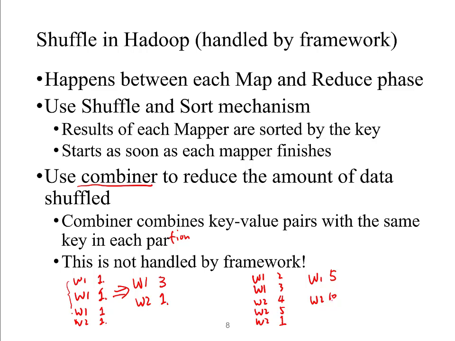Then the reducer would have 5 and 10, but it does not know the total number of W1 and W2 here, so it cannot do the math to compute the average.